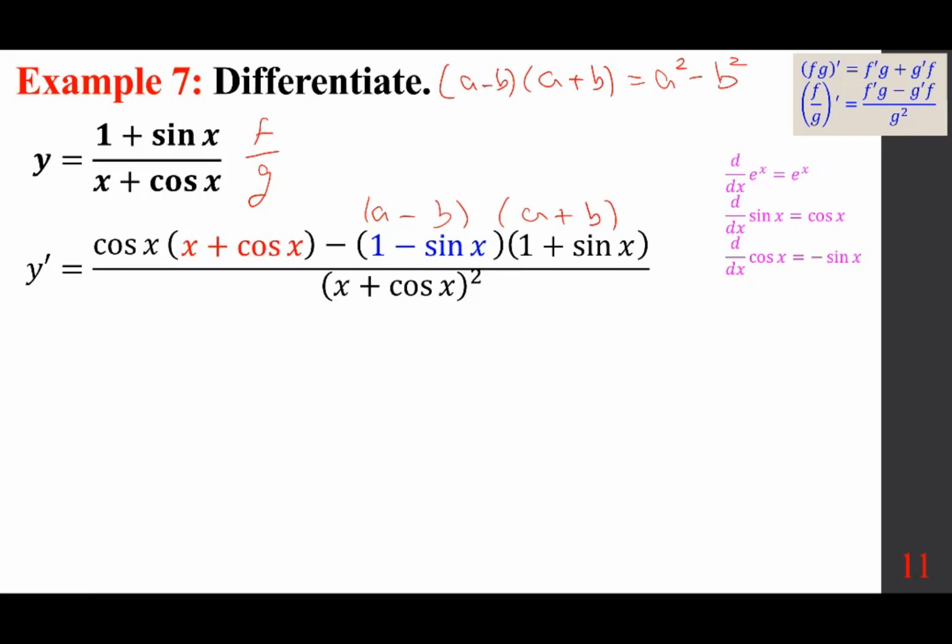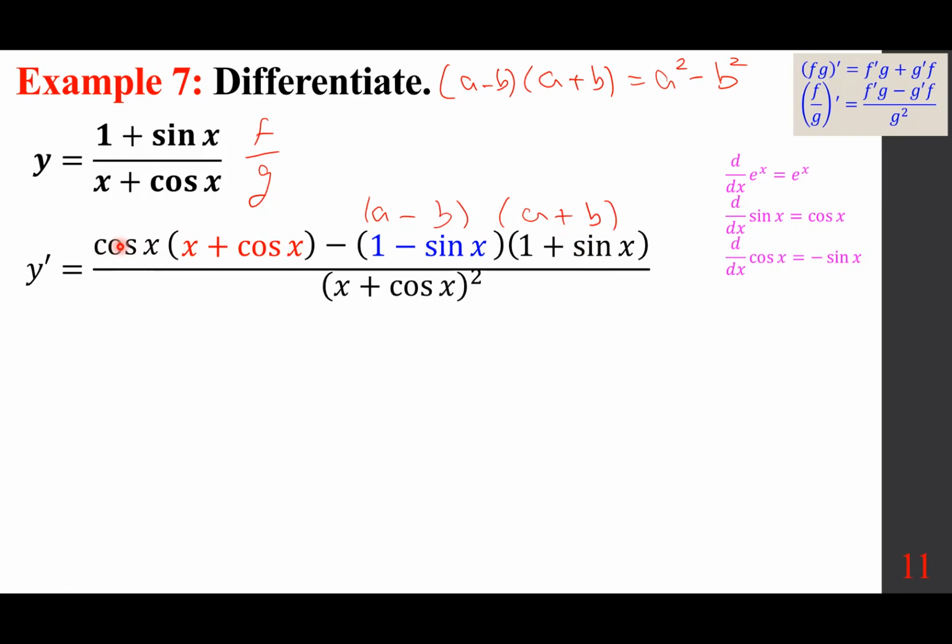Therefore, just the parentheses here, it's 1 minus sine squared. And this one is cosine x times x.